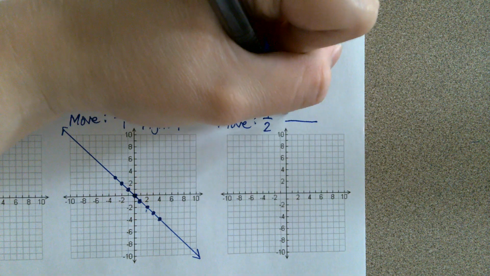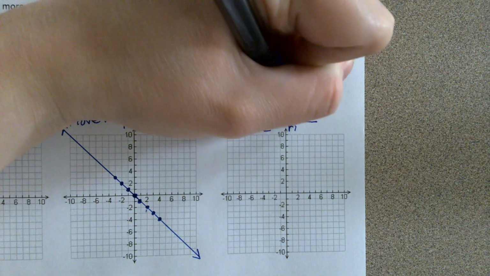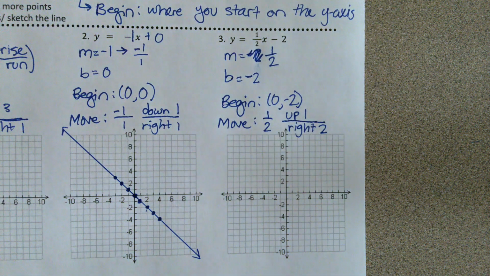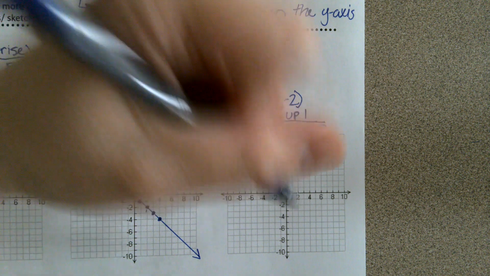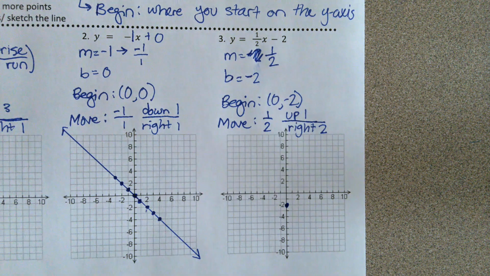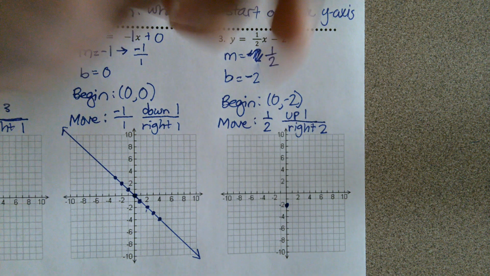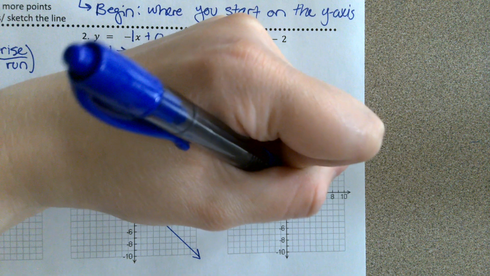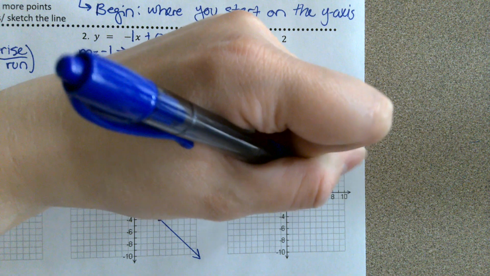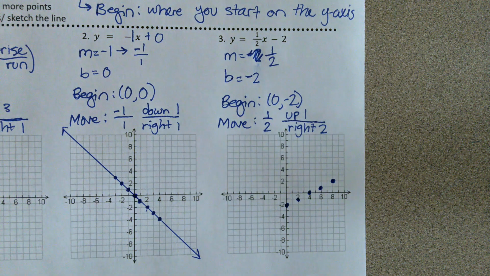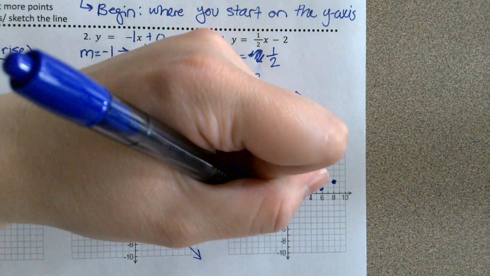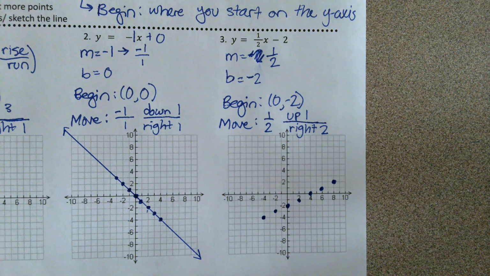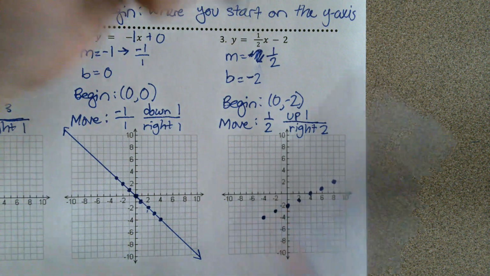So we move up 1 and right 2. So we have 0, -2. And then up 1, right 2. Then if you want to go backwards, down 1, left 2. And then we graph.